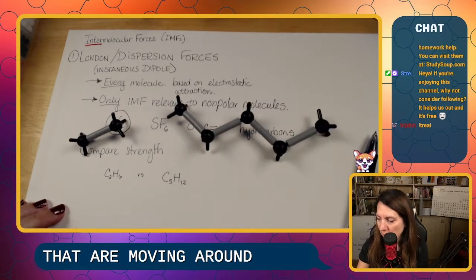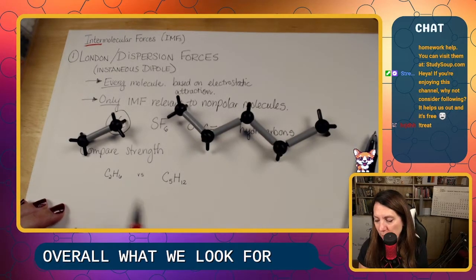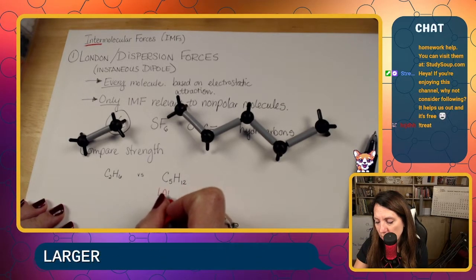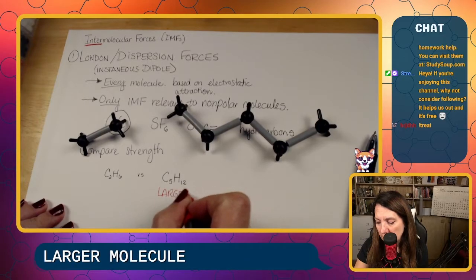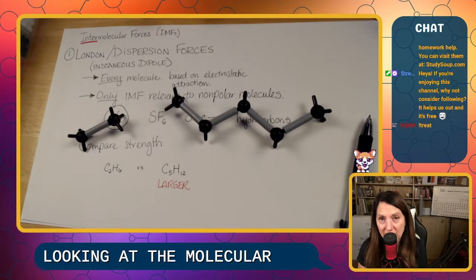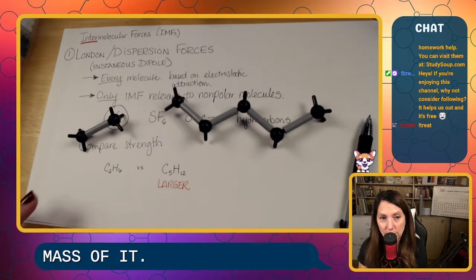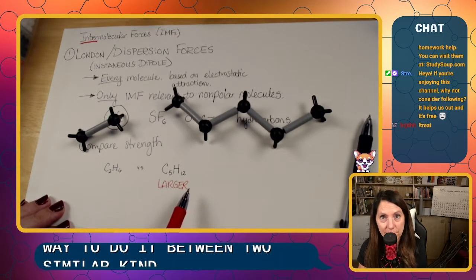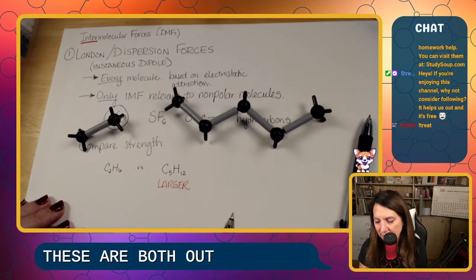So overall, what we look for when we are comparing two different molecules is the larger molecule. And you can look at larger simply looking at the molecular mass of it. Okay, that's one way to do it. Between two similar kinds of molecules. These are both alkanes.